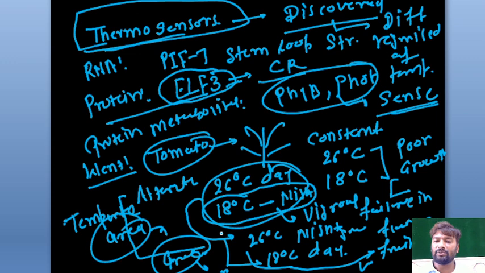Phytochrome B and phototropin are photoreceptors. These sense the changes in the temperatures, and there was one experiment which shows that plants need a variation in temperature, and generally the day temperature will be higher than the night temperature. So this is about the thermoperiodism.